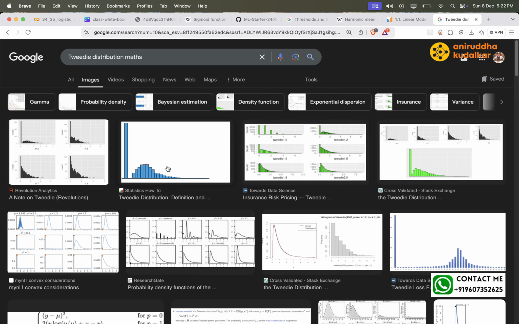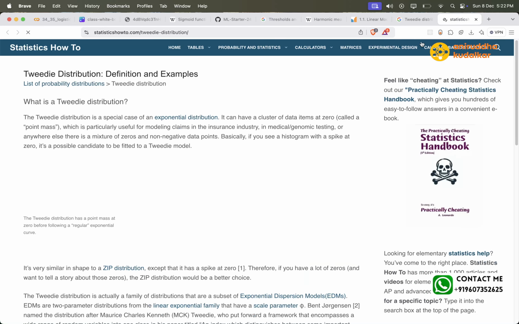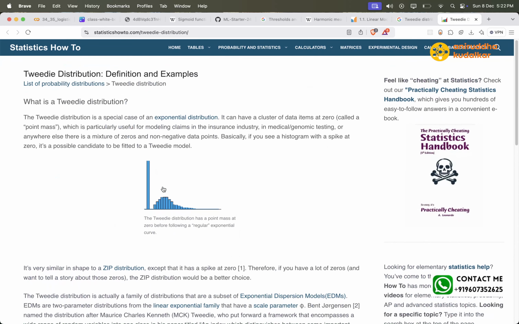If it is something like this in your EDA, you get to know that your data looks like this. The Tweedie distribution has a point mass at 0 before following a regular exponential curve. Can you see?